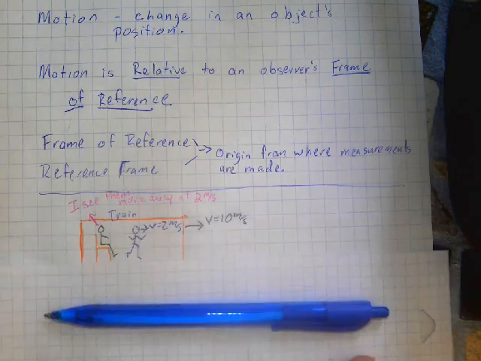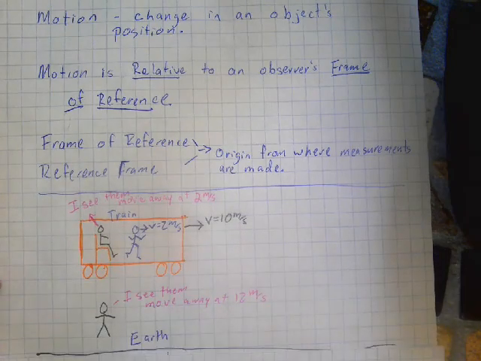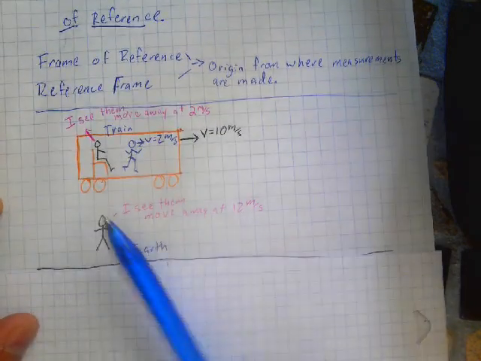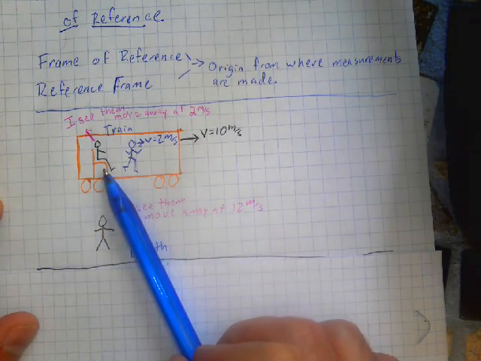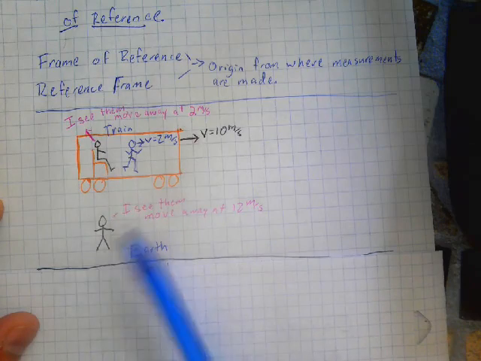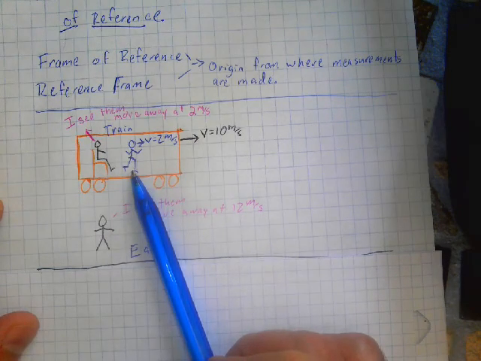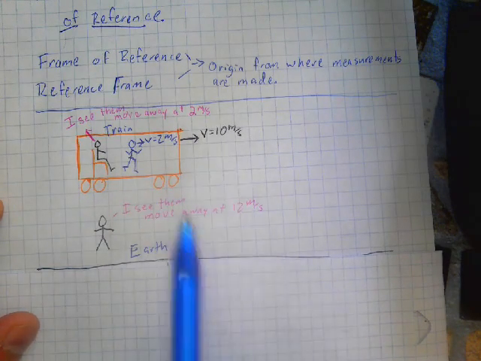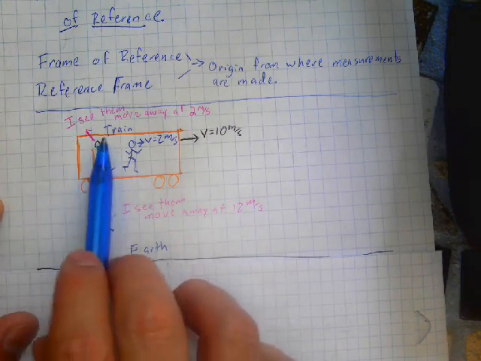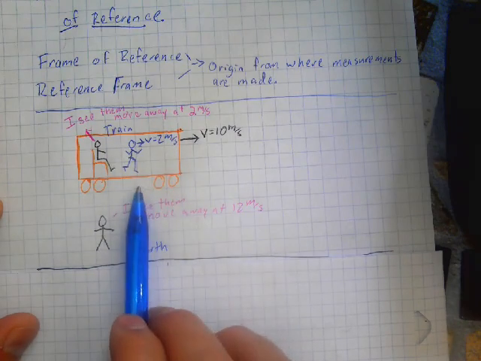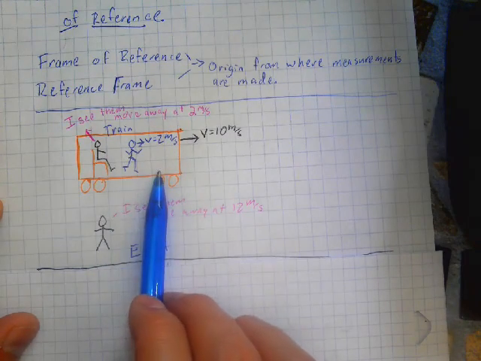Breaking this down a little bit more, let's consider a train moving down the tracks at 10 meters per second. There's an observer on the train, an observer off the train, and then a person walking on the train. This person on the train would say, I see them move away from me at 2 meters per second, because they're walking 2 meters per second.